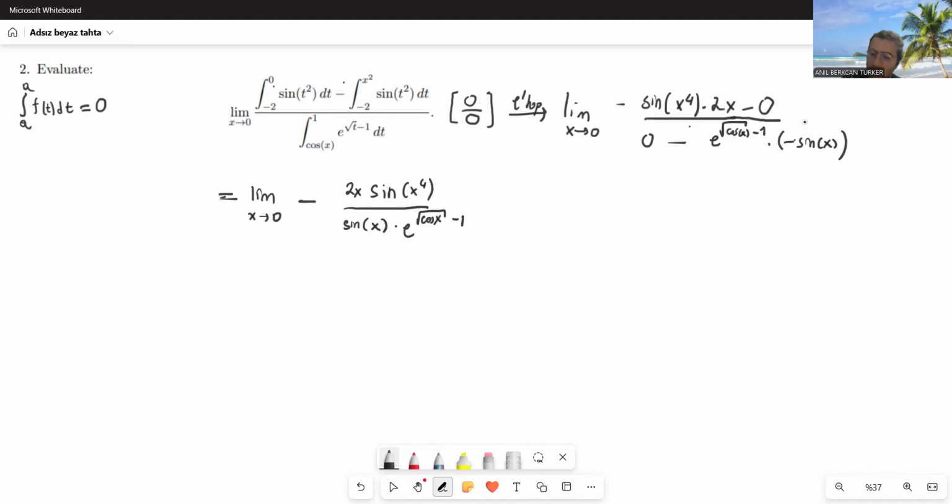So let's again try to analyze the behavior of the function around 0. When you put 0, this is 0, this is 0. So maybe how?